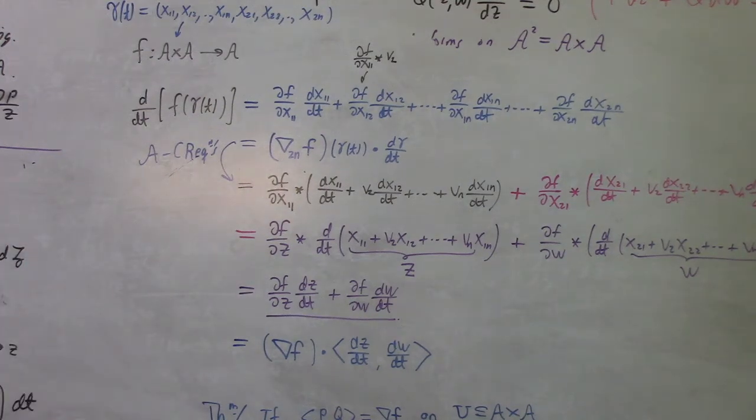This is part of the story of conservative vector fields. So we've recovered part of the story of conservative vector fields on A cross A, or the A-plane, or whatever you're going to call it.